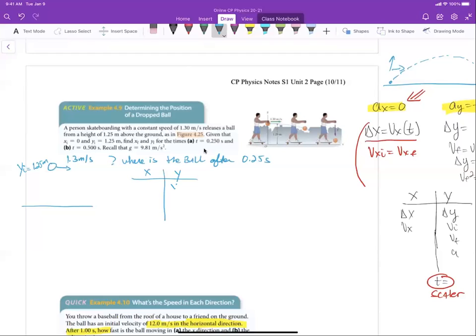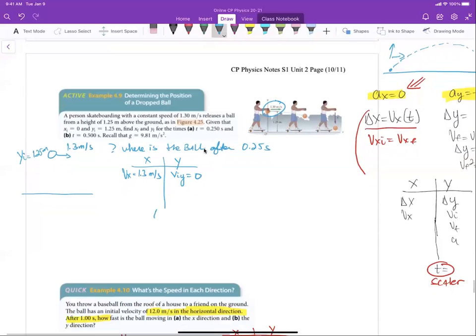The velocity initial in the y direction is 0 because it was released horizontally. Can you see the picture right here? And the velocity in the x direction initial is 1.3 meters per second. I know that the time is going to be 0.25 seconds.